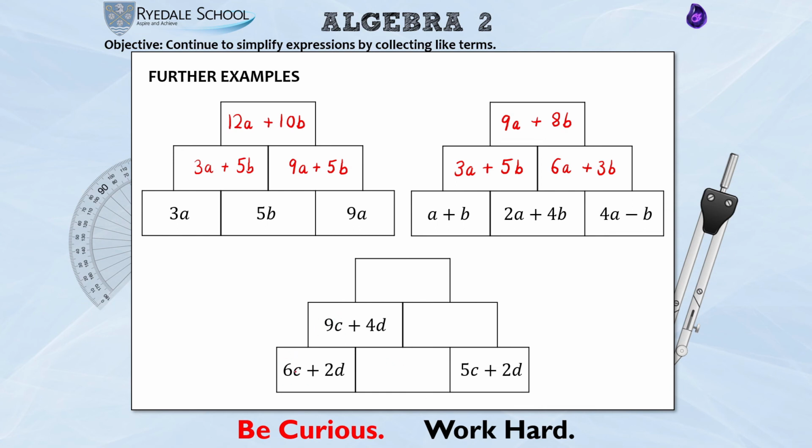Well, that's 9 take away 6, so that must be 3 C's. What's going to make the 4D? Well, if I've already got 2 D's, I'm going to need another 2 D's. And once we've got that one, we should be able to work out these other two relatively easily. So we've got 8 C's and 4 D's. And then finally, putting the C's and D's together for the top one, we've got 17 C's and 8 D's.